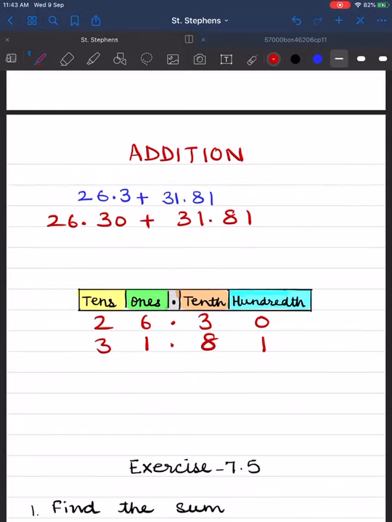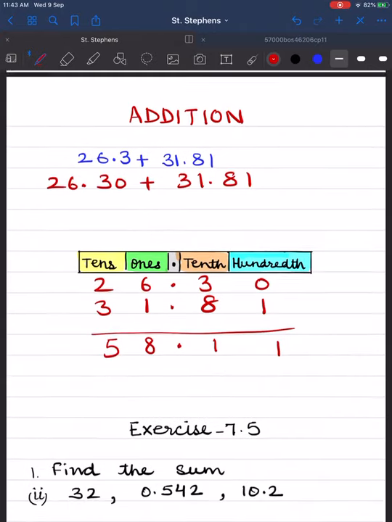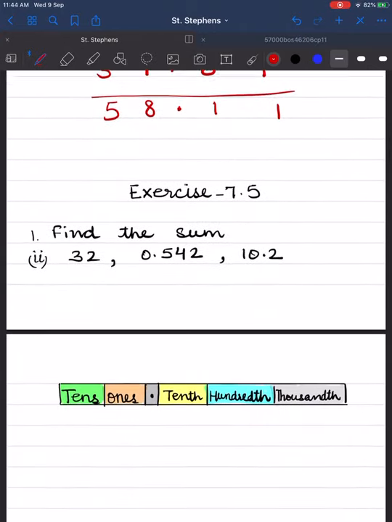Now add the arranged numbers like whole numbers. So here we get 1, 3 plus 8, 11. We write 1 and we carry 1. So here we get 8, decimal below decimal, and 5. So we get 58.11.